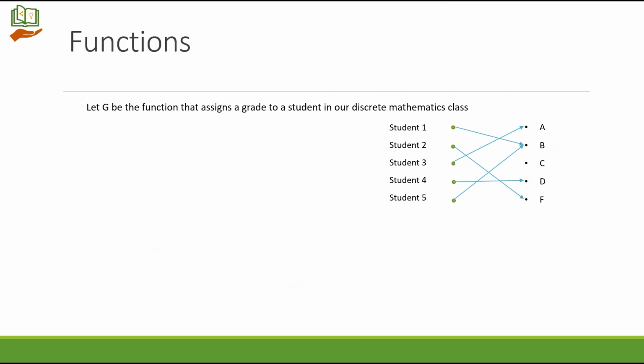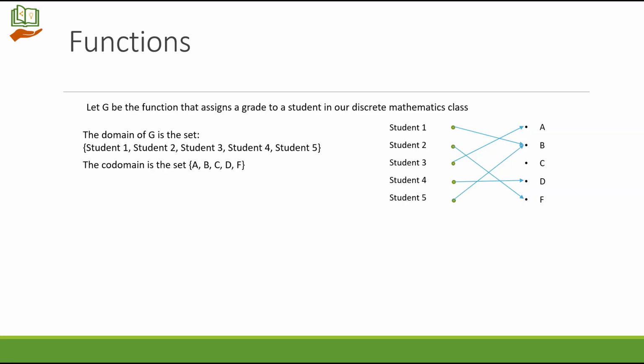Now let's discuss the same example in the context of domain, codomain and range. Let G be the function that assigns a grade to a student in our discrete mathematics class. The domain of G is the set student 1, student 2, student 3, student 4 and student 5. All the 5 students are the elements of the domain. What is the codomain? It will include all the grades, whether assigned or not, that doesn't matter.